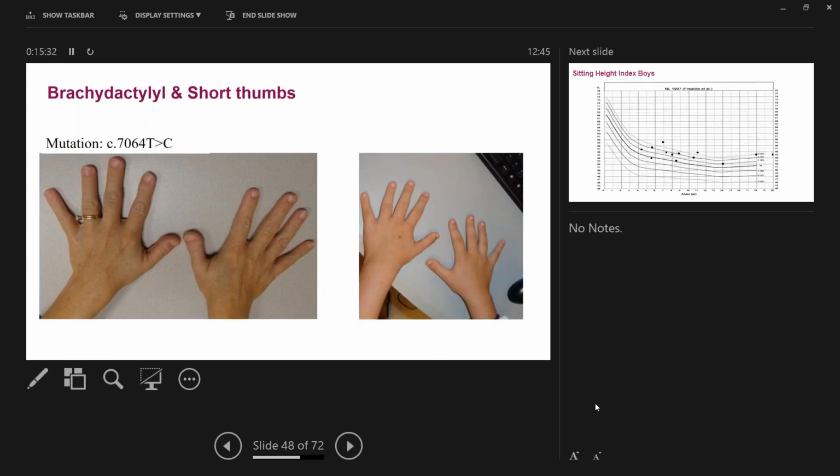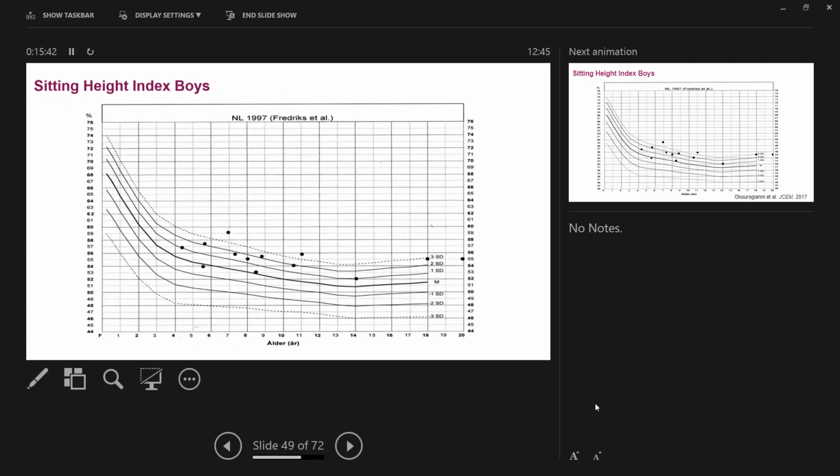In only 3 out of 20 families, but some have these short thumbs with very short distal phalanges. They tend to, so this is the sitting height index, it tends to be in the upper normal range or frankly elevated, so mildly disproportionate.